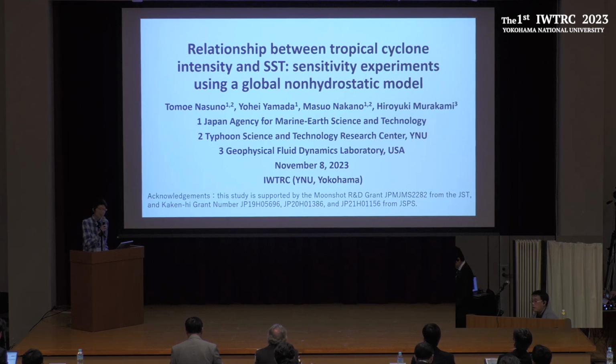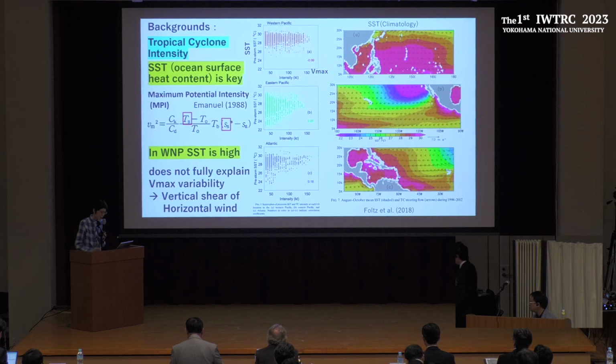It is well known that, for tropical cyclone intensity, sea surface temperature is a key parameter. However, in the Western North Pacific, where a broadly warm SST anomaly exists, SST does not fully explain the intensity variability.